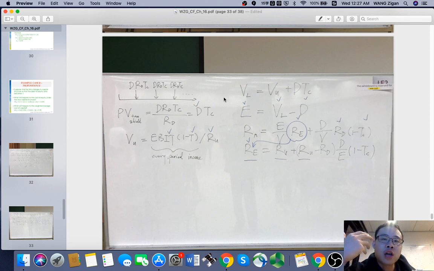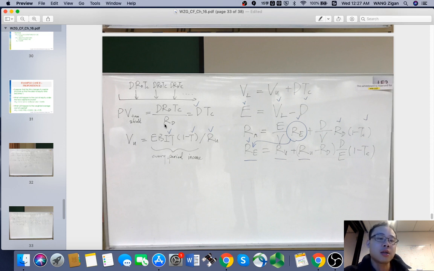Then it is a perpetuity. The perpetuity's present value, or the present value of the tax shield, will be every period's cash flow divided by the interest rate, and the interest rate is just the RD, because we assume here that there is no bankruptcy risk.